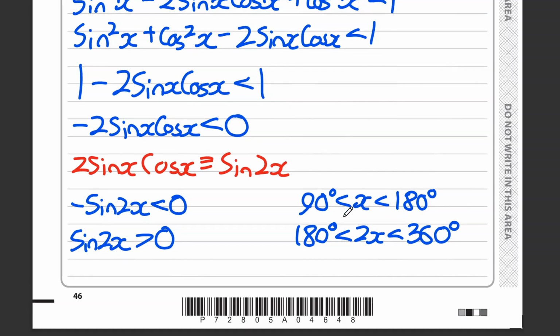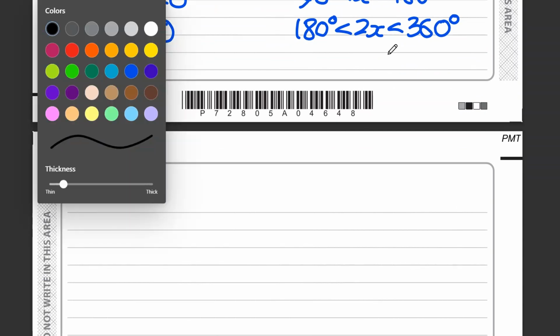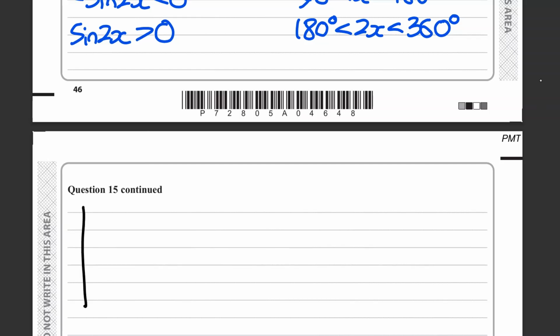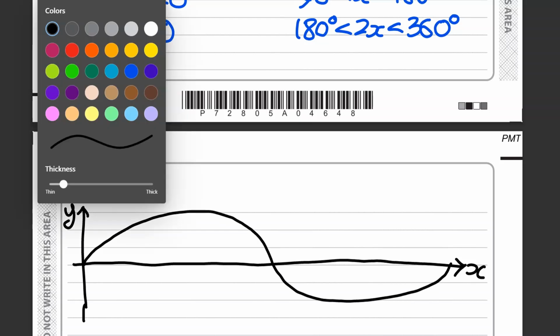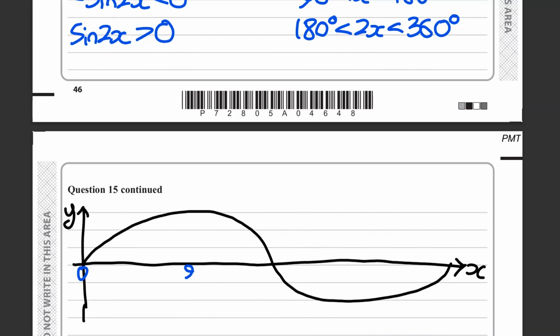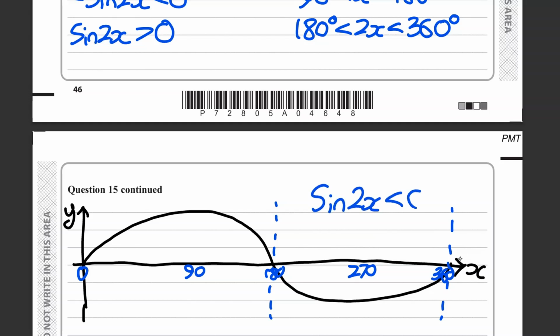So if we draw a sin graph in this domain here, this will be y and this will be x, so the sin graph will look like this here, where this is 0, this is 90, this is 180, this is 270, and this is 360. So we're looking at the domain between 180 and 360 degrees, so this is between here and here, and we can see that in this domain the line lies underneath the x-axis, so therefore sin 2x is less than 0.